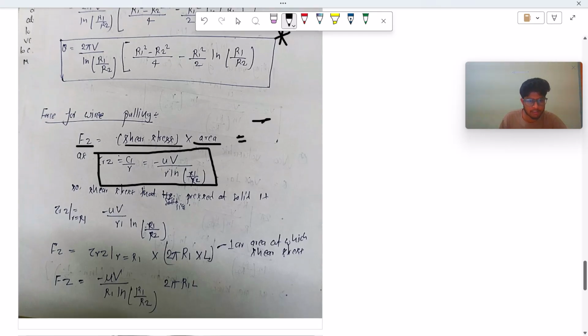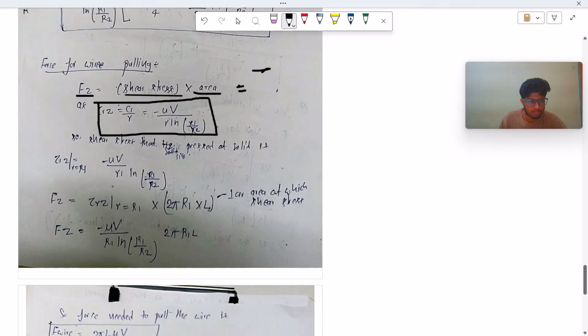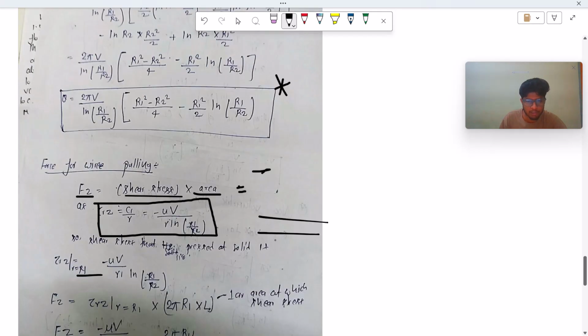So the shear stress acting at r equal to r1. At r equal to r1, you can see that this is our cylinder, and there is a fluid. So at r equal to r1, the stress that the fluid exerts on this wire is our shear stress, which is responsible for the force required for pulling the wire.